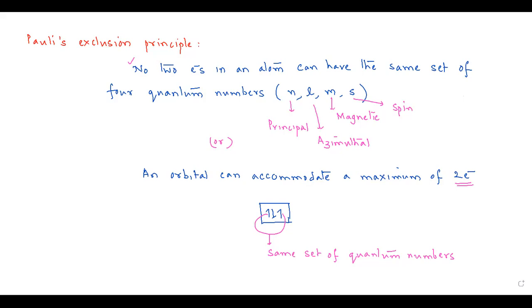So with this, I've actually given you 3 different principles. One is Aufbau, the other one is Hund's. Next, this is Pauli. Now let me also tell you the methods of writing electronic configuration. After that, we'll go for the electronic configurations of all the elements.